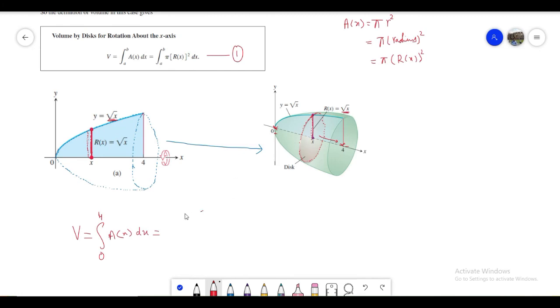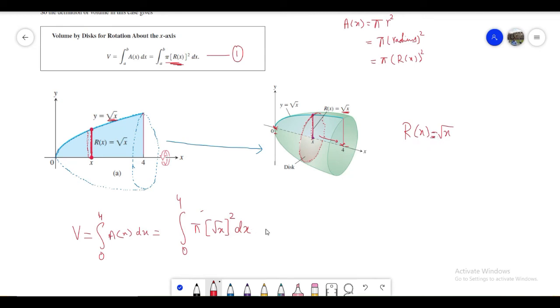We can write it as the integral from 0 to 4 of pi, the cross-section area, pi r of x squared dx, where r of x in our case is the root of x. So basically this is the radius.